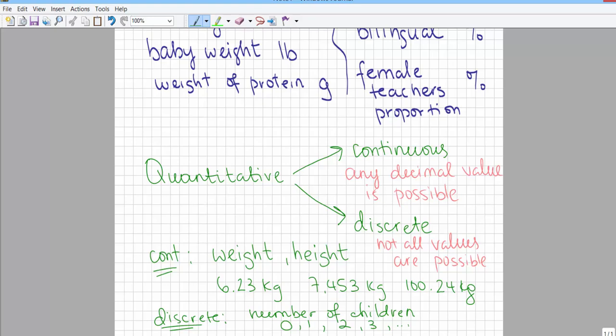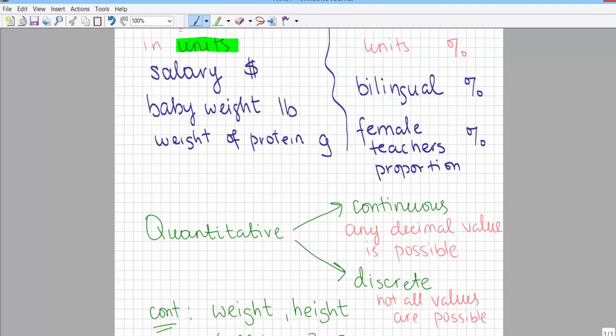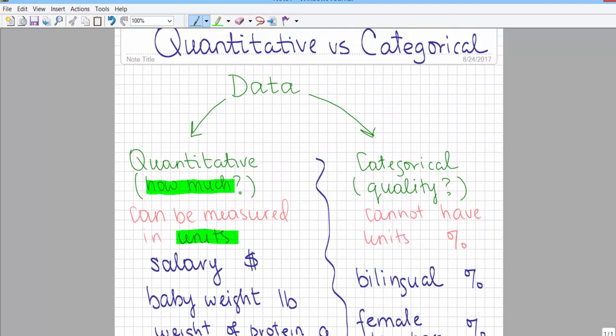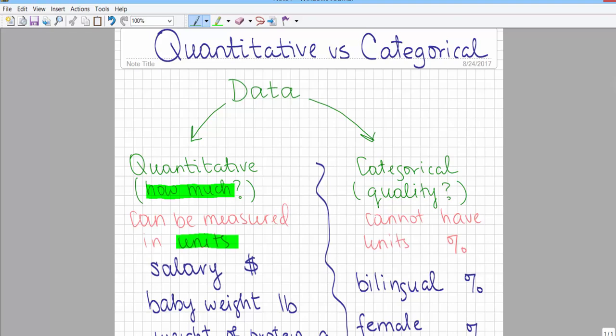You cannot have 1.55 or 2.34 children. This is an example of a discrete variable, okay? So whenever you have a value that cannot happen, then you know this is discrete. Think about it as there are holes in between your values that are possible. That's discrete. If there are no holes, that's continuous, okay? So those are your main types of data.